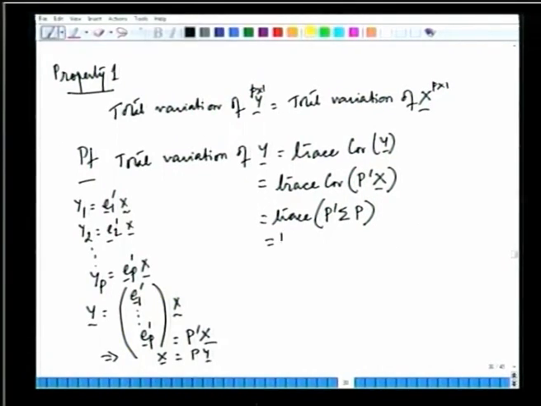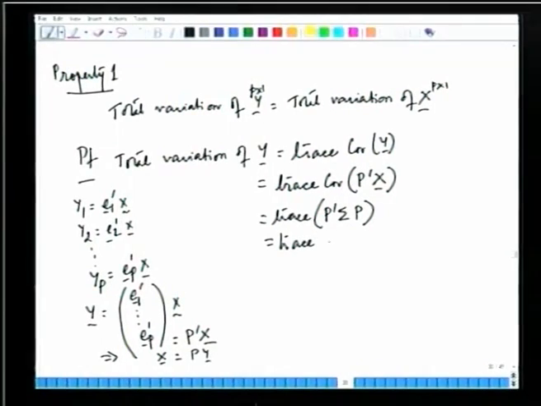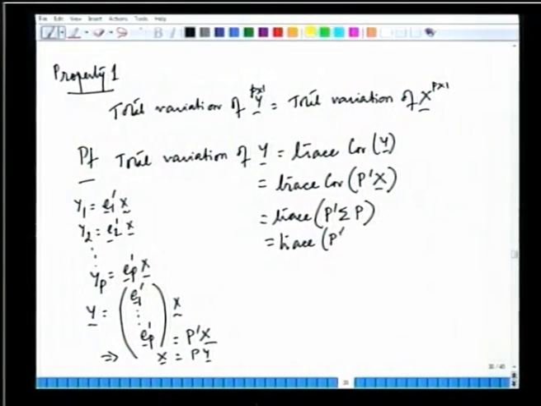Now I use the spectral decomposition of sigma in terms of P D lambda, so this is P D lambda P prime. We know what these matrices are already, and since P is an orthogonal matrix, its columns being orthonormal eigenvectors, this is nothing but the trace of D lambda, and the trace of D lambda is nothing but the sum of lambda i, with i from 1 to p.